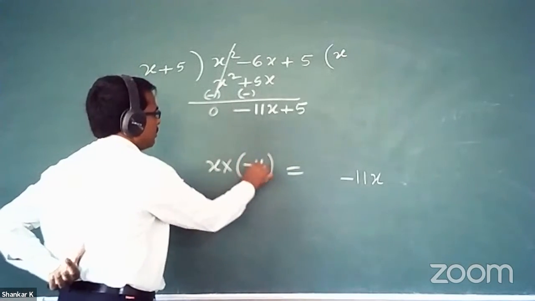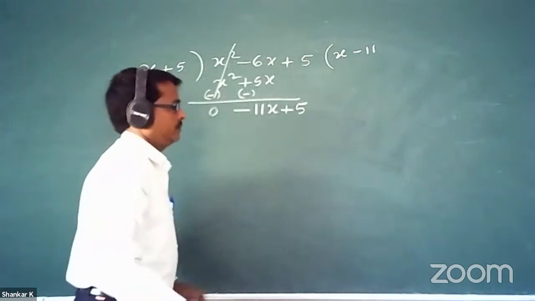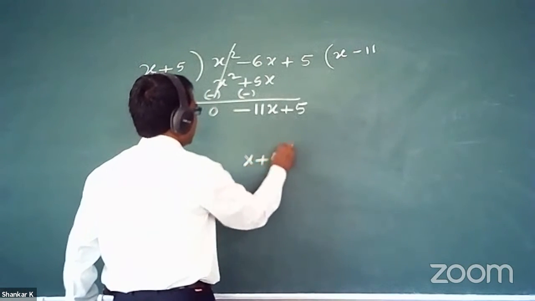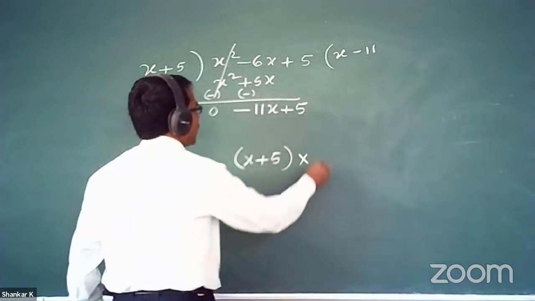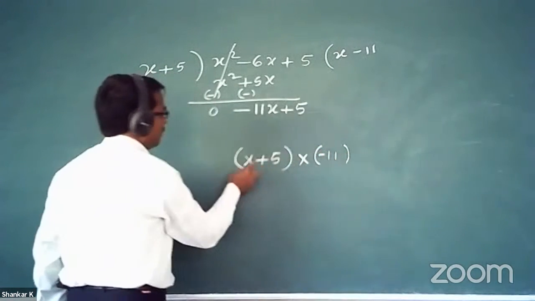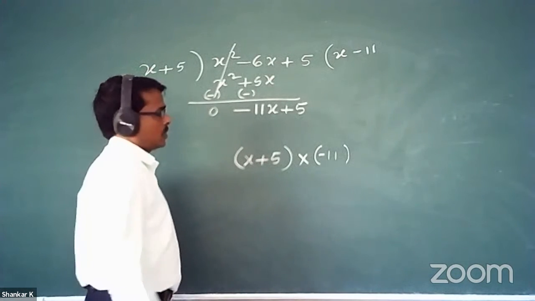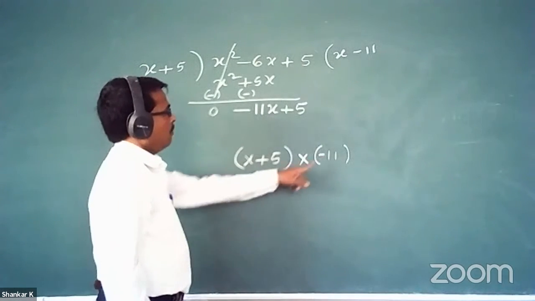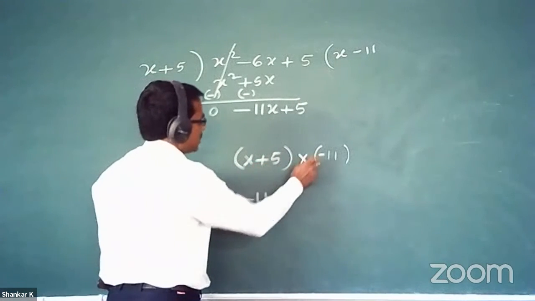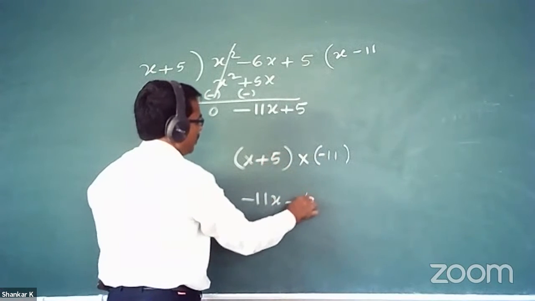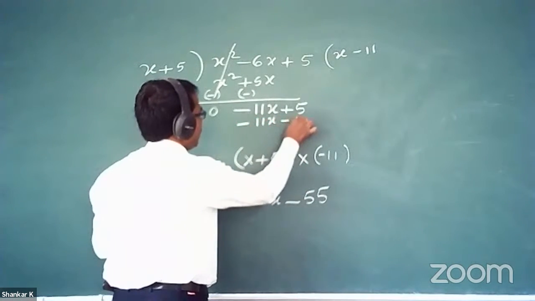Minus 11 into x is minus 11x. Minus 11 into 5 is minus 55. Write this: minus 11x minus 55.